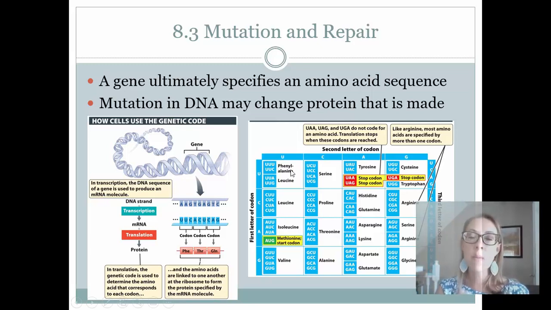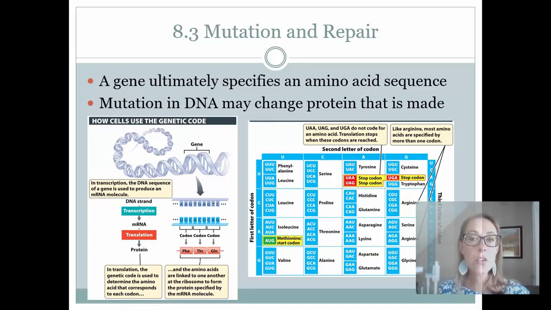I don't expect you to memorize any of these amino acids in particular, but I want you to understand that a given codon, like the UUU codon, for instance, will always cause a ribosome to insert the phenylalanine amino acid. The codon UUC will also result in phenylalanine. Leucine can be inserted based on a total of 6 different codons.